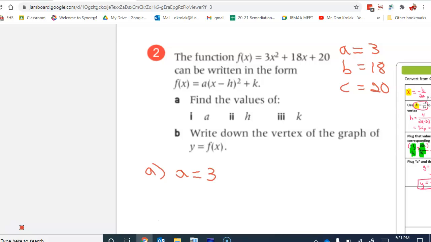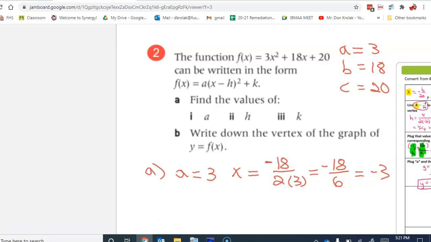Now to find h and k, I have to find the vertex. When it's in general form, the x-coordinate of the vertex is going to be the opposite of b divided by 2 times a. So that's -3.